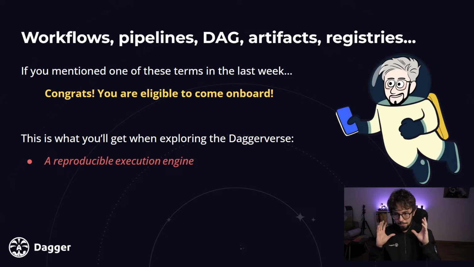So this is the first thing that you get for free: an engine capable of abstracting anything from the basics to the more advanced tasks, so building containers or making services spawn, like a Kubernetes cluster, and then doing things ephemeral but reproducible inside this engine.